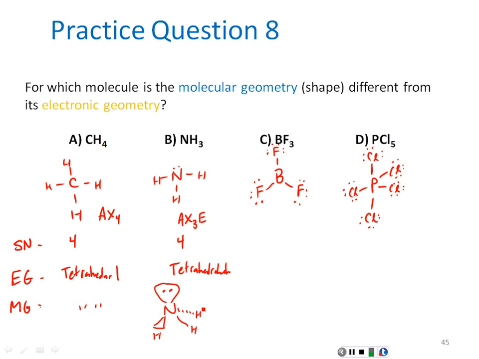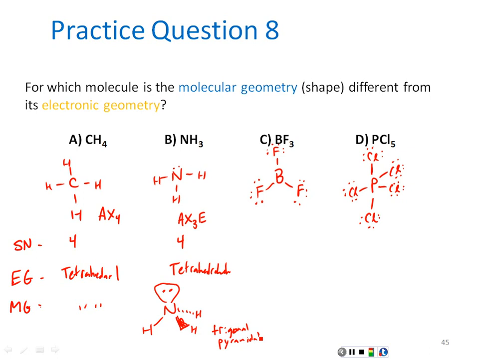Bad drawing. Let me draw that again. So that would be a 3D representation of this molecule. It's not trigonal planar because we have that lone pair, and that lone pair repulses the other bonding pairs, so they're not planar now. So that would be considered trigonal pyramidal.